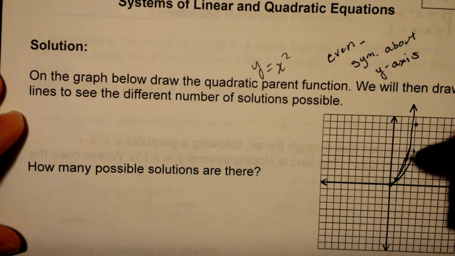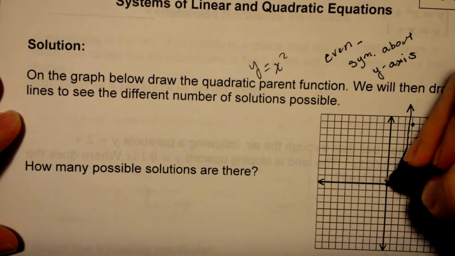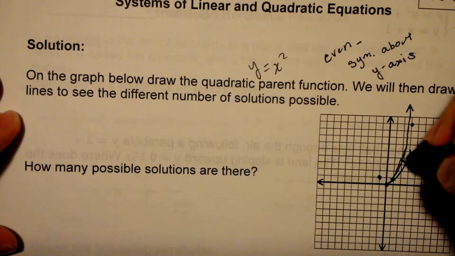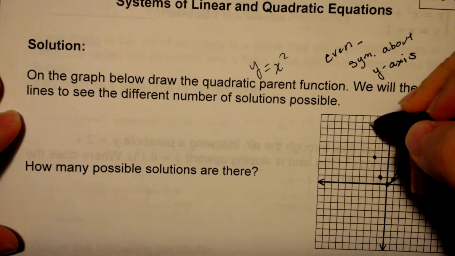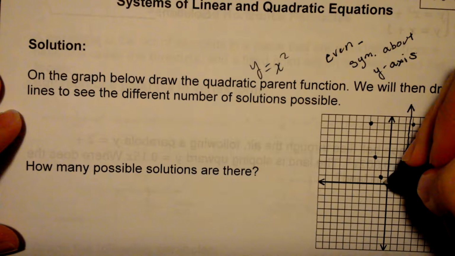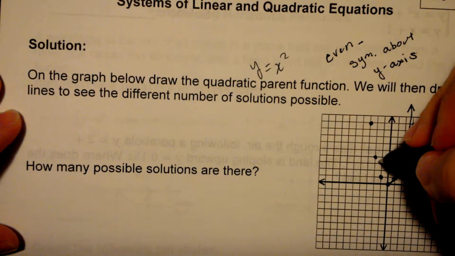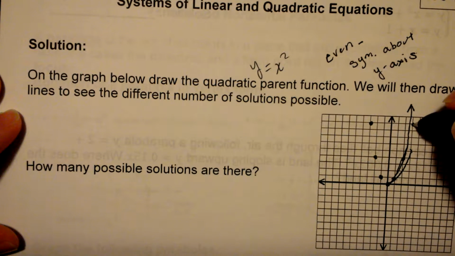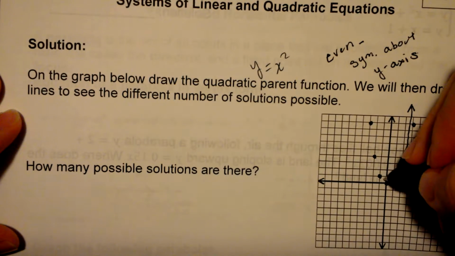Meaning I could take this arm and flip it across the y-axis and I'd have my quadratic. So negative 1 squared is 1, negative 2 squared is 4, negative 3 squared is 9.